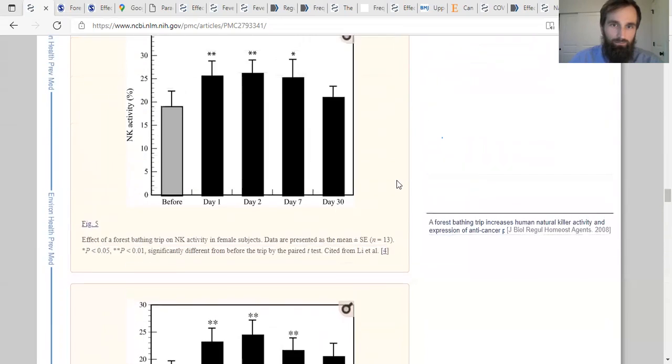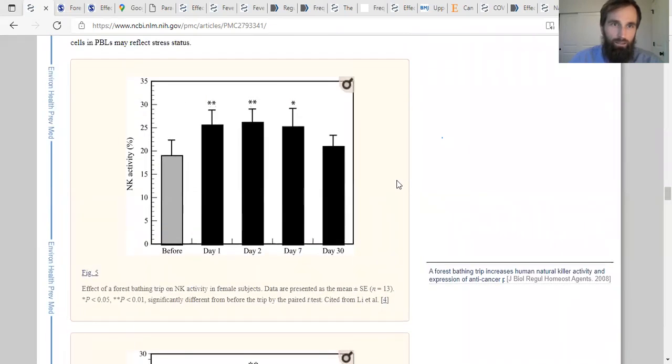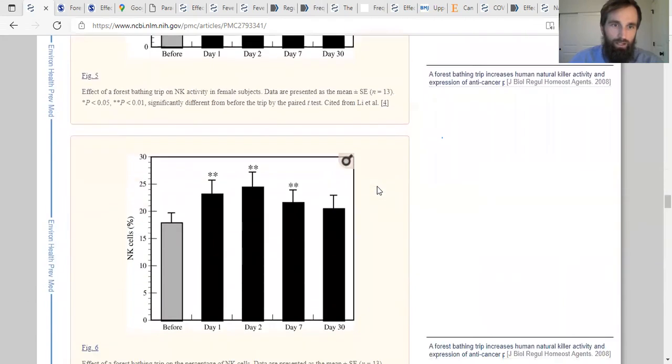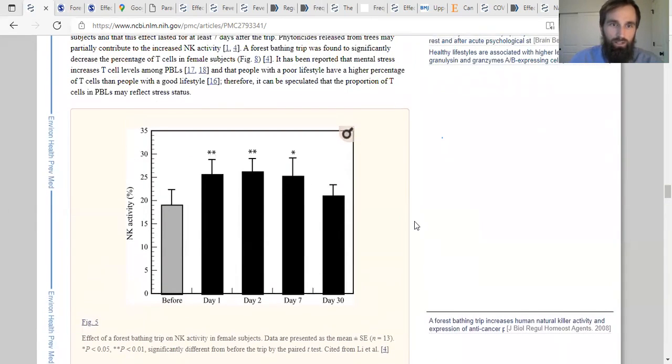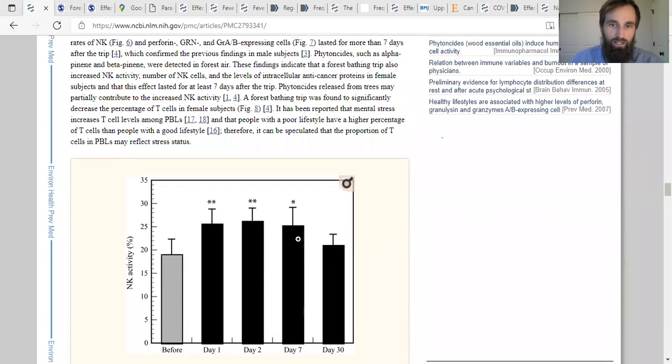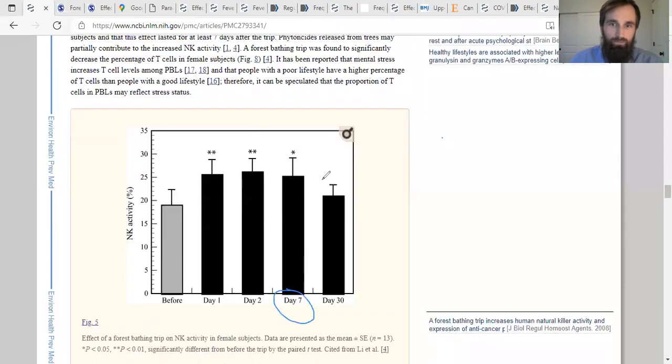And this is the natural killer cell activity, and this is the natural killer cells, the actual percent of them. So an increase in both the activity and the percent, and you can see it lasts for up to day 7 before it actually starts to come down.